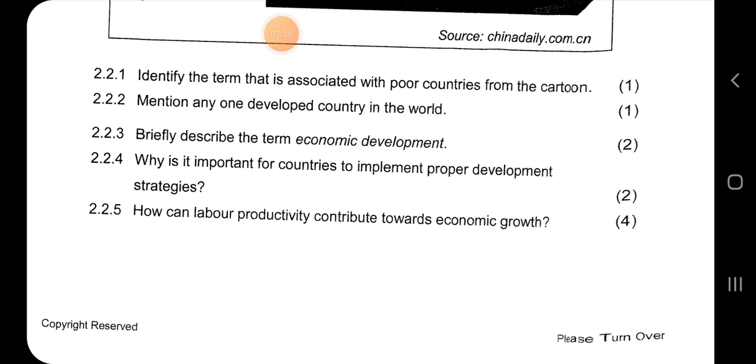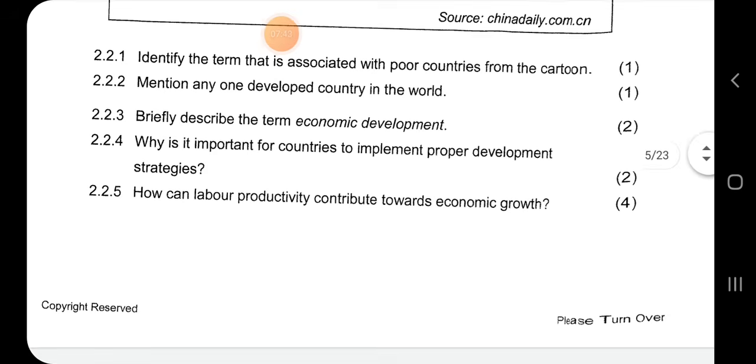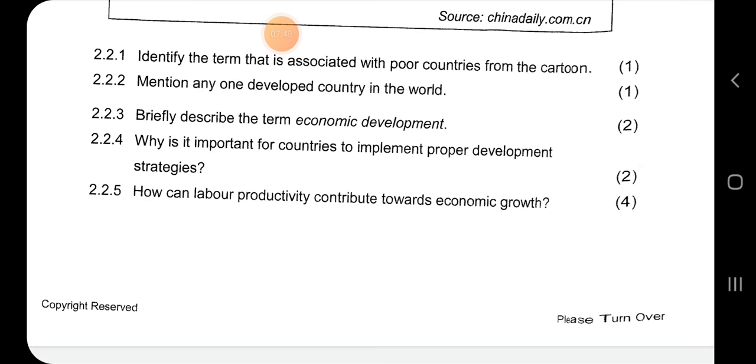And then 2.2.5 says, how can labor productivity contribute towards economic growth? Labor productivity, meaning labor being productive, meaning people working. How can people working contribute towards economic growth? It means that ensuring high productivity will result in low costs per quantity.